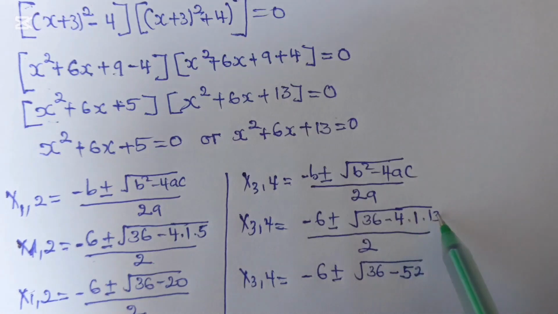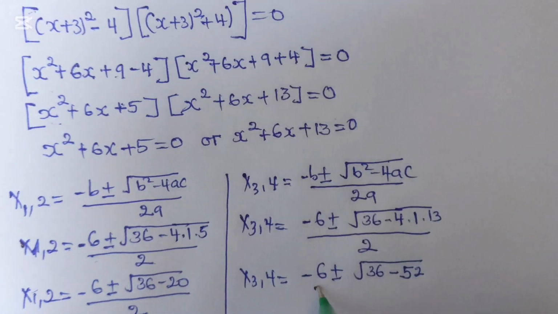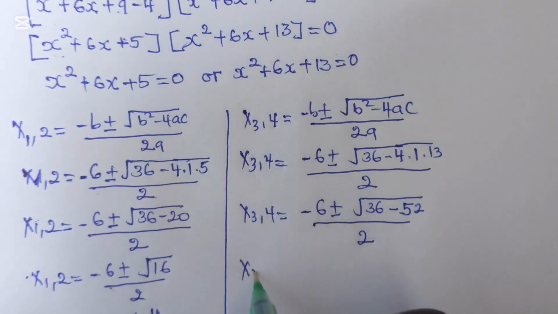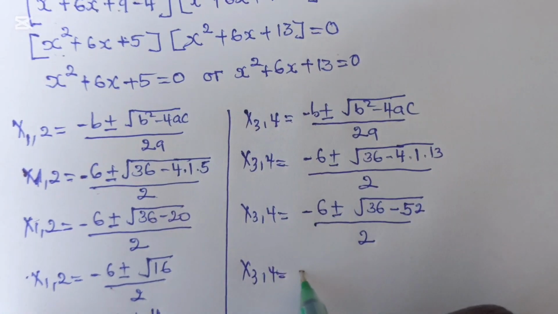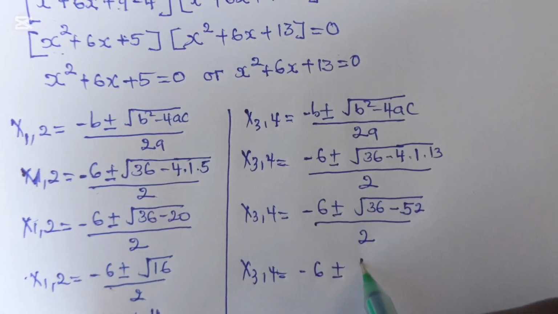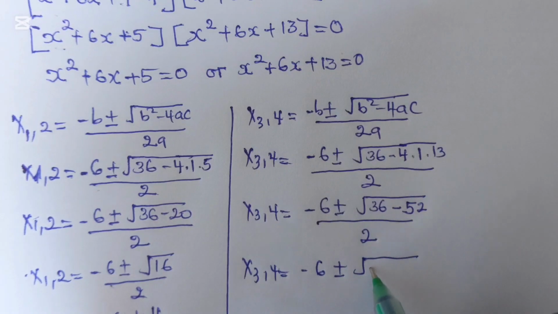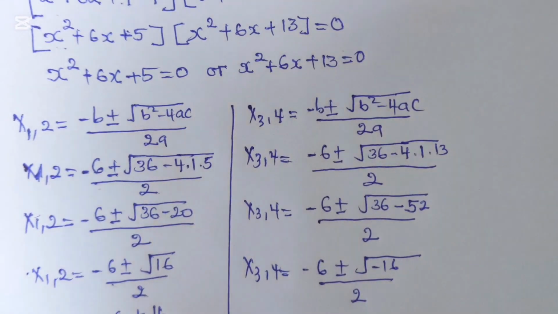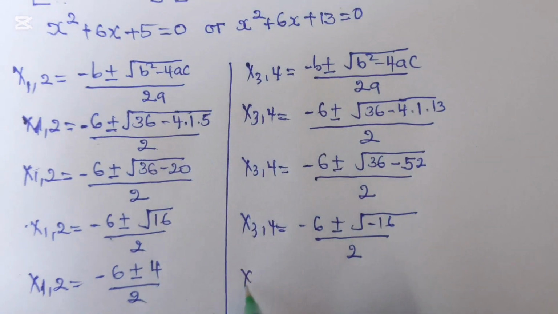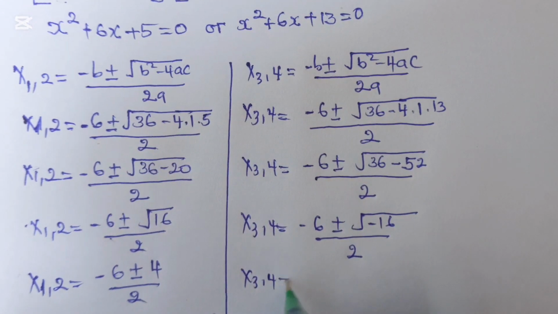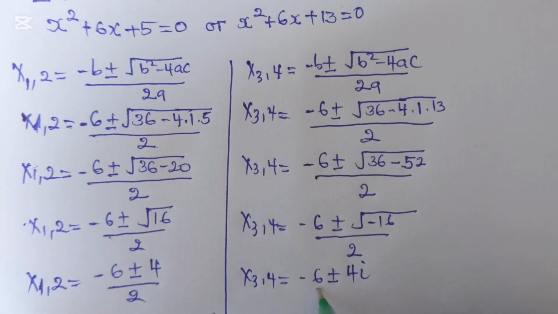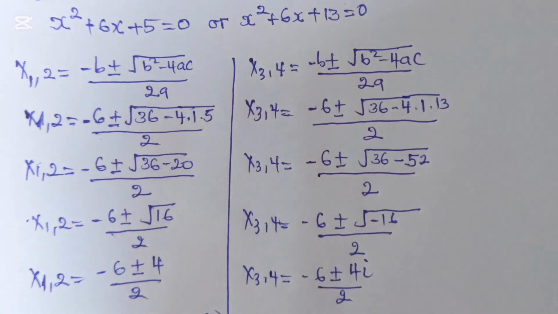Yes, this is 36 minus 52, so x3 and 4 will be negative 6 plus or minus the square root of negative 16, over 2. Then x3 and 4 will be negative 6 plus or minus 4i, over 2.